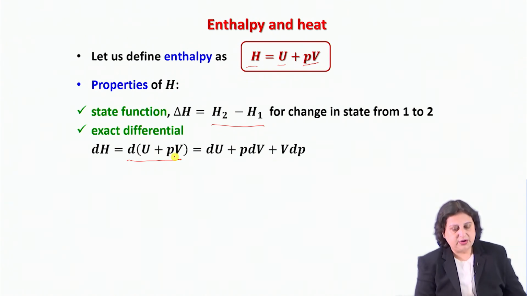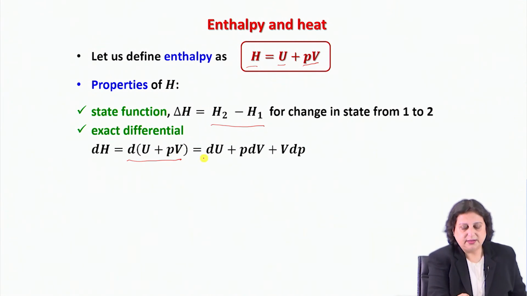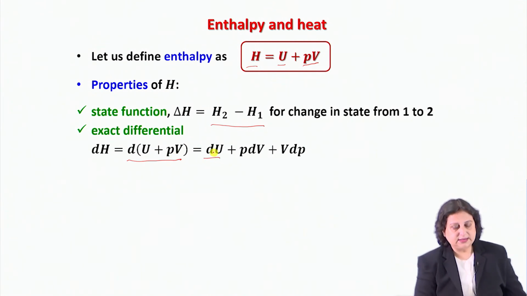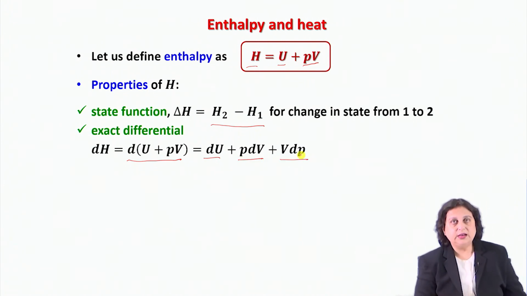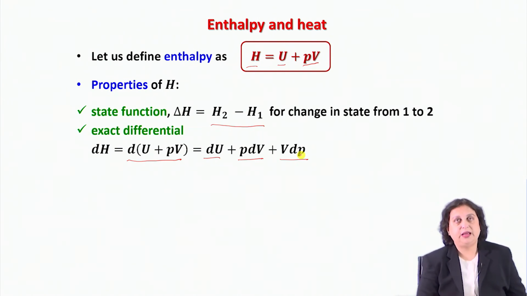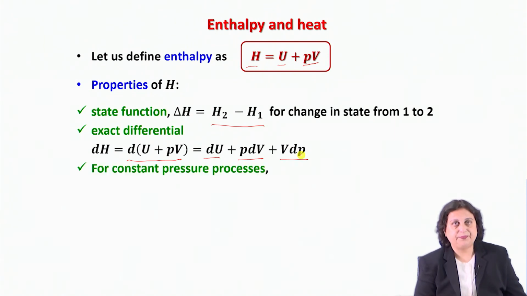This will give me three terms, the first term being dU, the second term being P dV, and then a third term giving me V dP. So this is all perfectly general provided you know the definition of enthalpy, H equal to U plus PV.